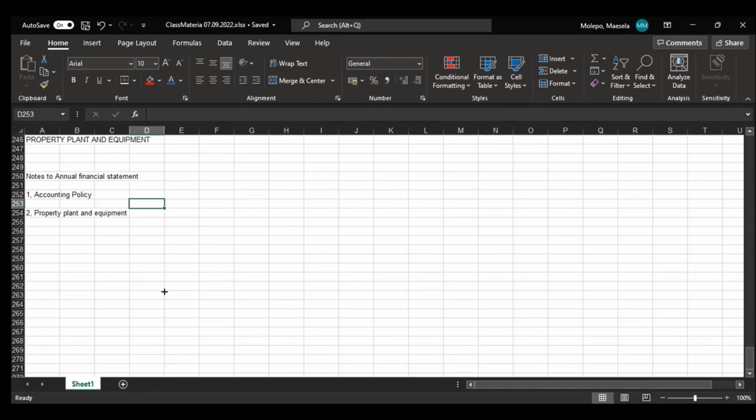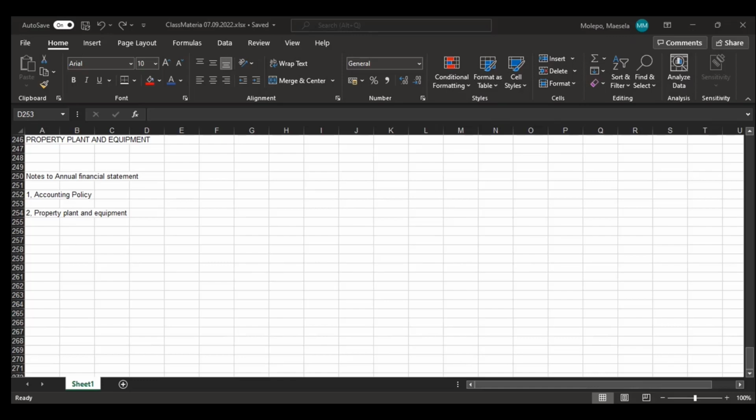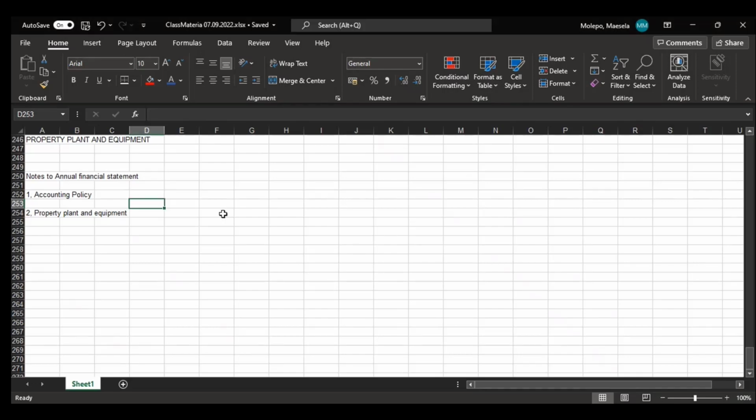Now, mostly we're going to do the calculations, or we can just see how many assets we have for this PPE. I see building, machinery, furniture, vehicle, computer equipment, plus land, because land is given somewhere. So there will be 1, 2, 3, 4, 5, and should be 6. Yes, there are 6 assets.